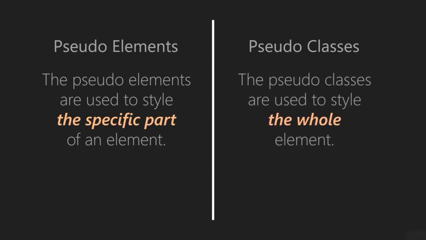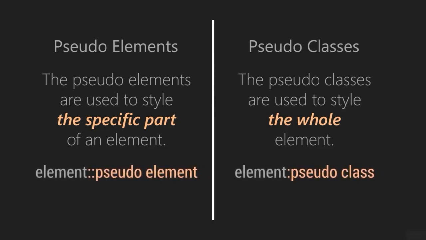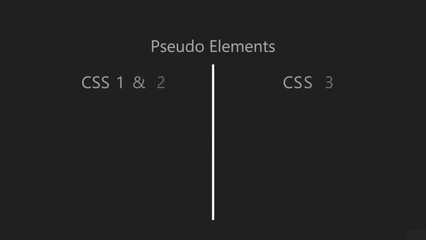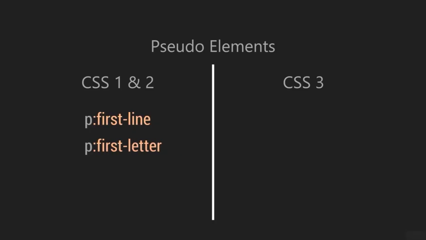The syntax for giving the pseudo element is that we first give the double colon notation and then we specify the pseudo element. In older versions of the CSS, that is CSS1 and CSS2, colon sign was used to specify pseudo classes and elements both. But from the CSS3, double colons are used for pseudo elements only.